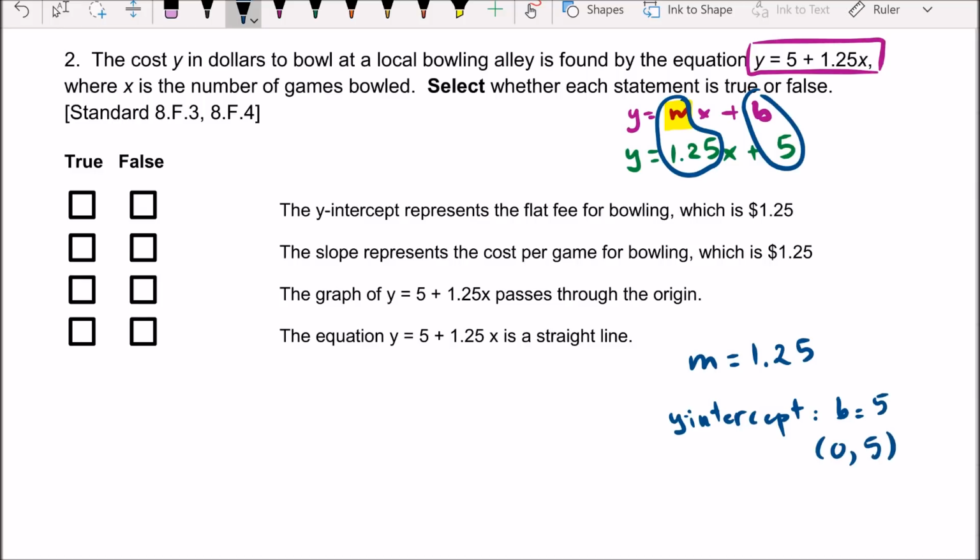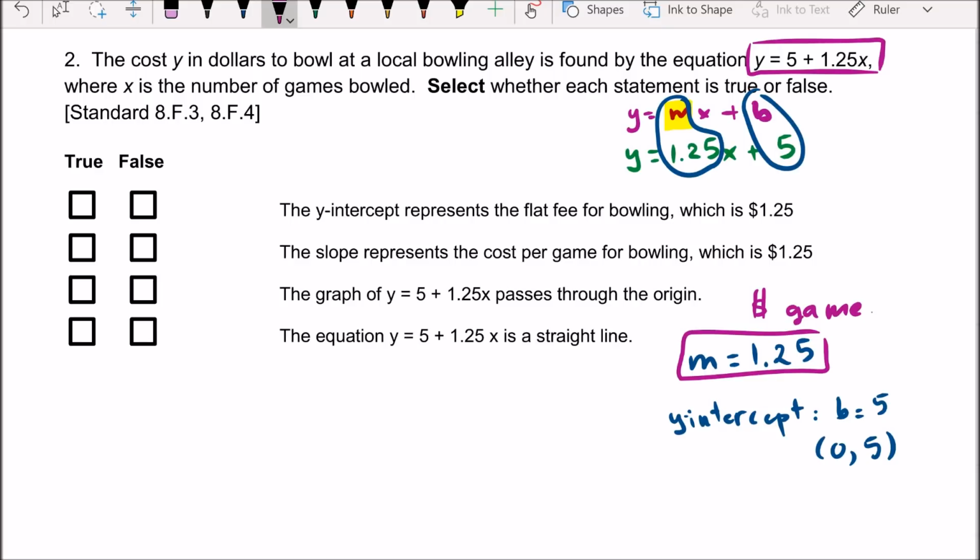Alright, so now we're going to read each question and decide if it's true or false. First one: the y-intercept represents the flat fee for bowling, which is 1.25. So 1.25 is the slope, which tells you that it's increasing consistently by 1.25. So this definitely is not a flat rate. This is the cost for each game.